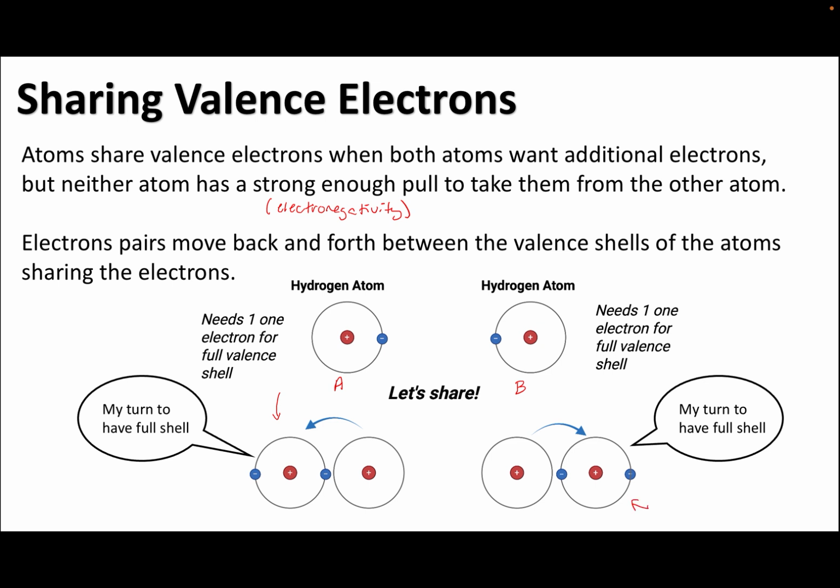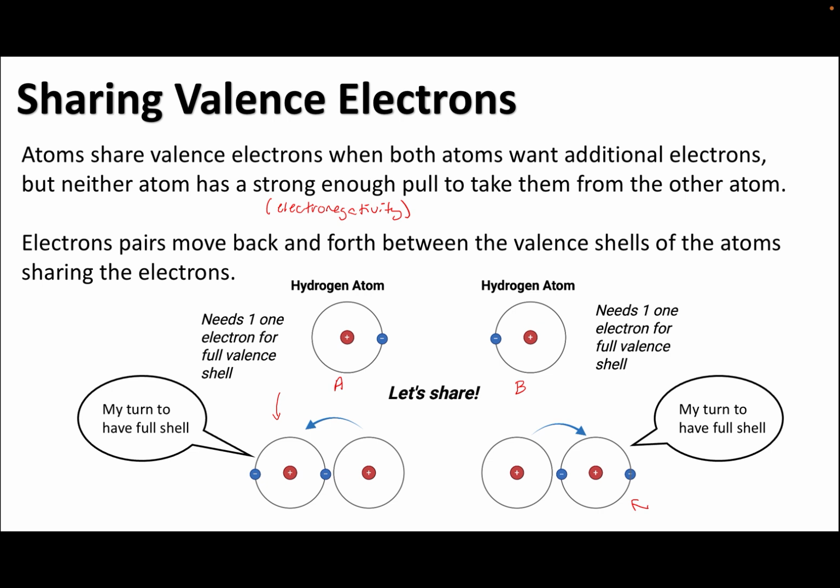And now we have a circumstance where hydrogen B has a full valence shell, at least temporarily, and is in its stable state. And we just kind of ping pong back and forth between these two atoms. And again, each one of them, at least temporarily, has sort of that stable status.